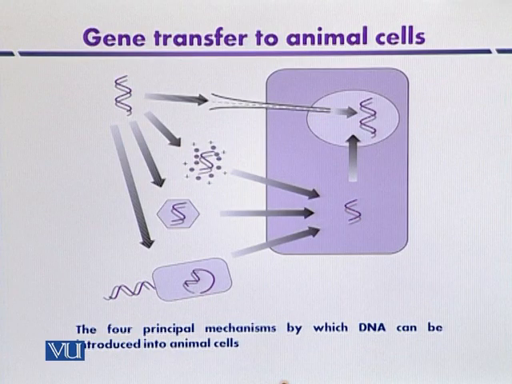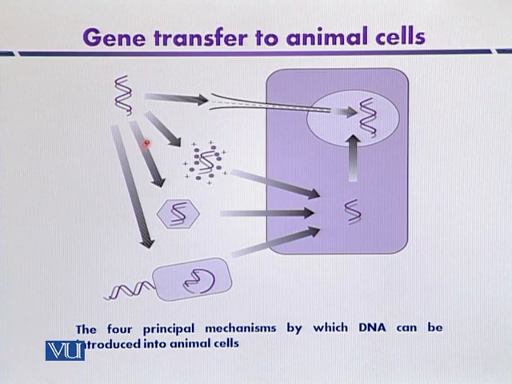These are the four techniques or four principal mechanisms by which DNA can be introduced into animal cells. As I told you, we can start with physical transformation, where by using electroporation or particle bombardment, foreign DNA can be directly inserted into the nucleus of the animal cells.